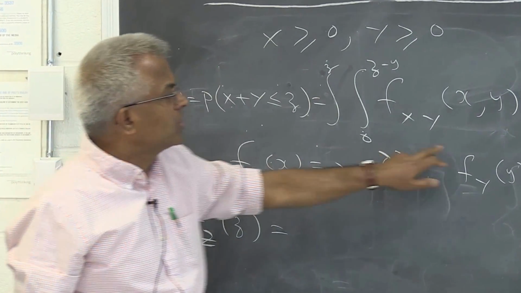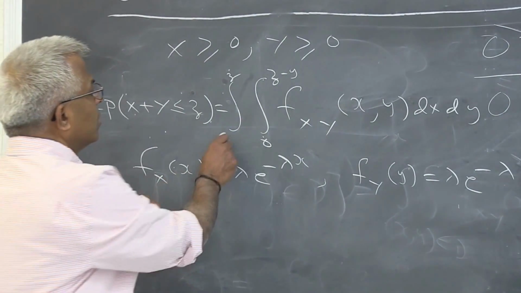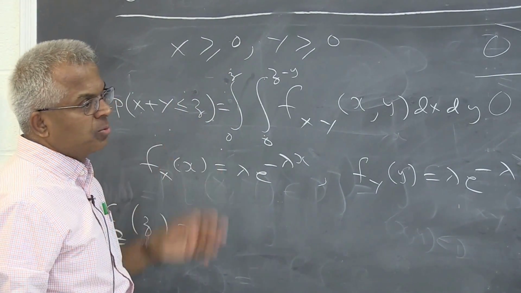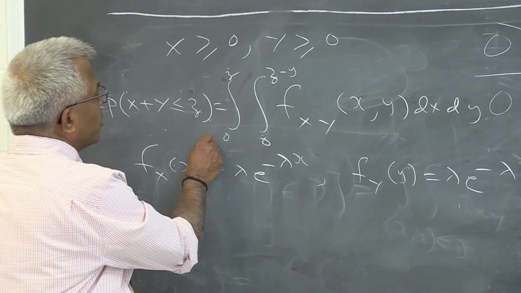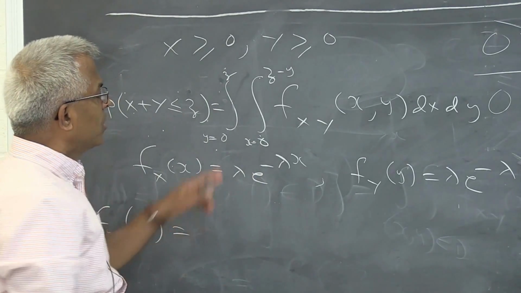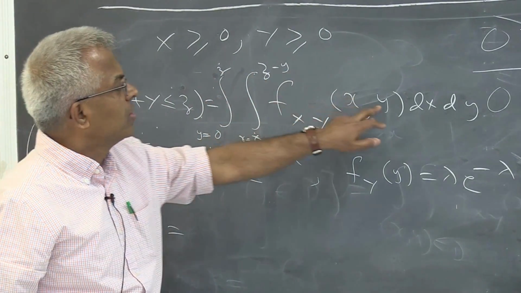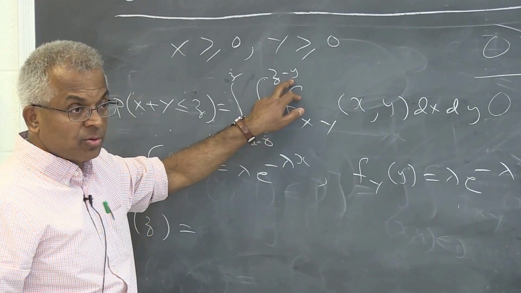Then in this function, what is the variable here? The outside integral is with respect to which variable? Y. So it may be a good idea to write here, so you clearly know this is with respect to y. You substitute the top limit for y. So here you substitute z, and here also you have to substitute z.